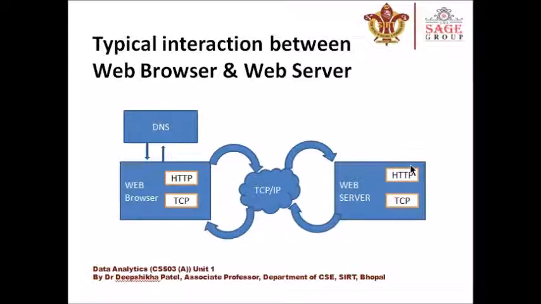So next is HTTP. Now the request has arrived at the HTTP software running at the server side. The HTTP software interprets the request and realizes that the browser is looking for a specific resource. That resource may be any web page, any file, any image, any video, anything which is available on the server.